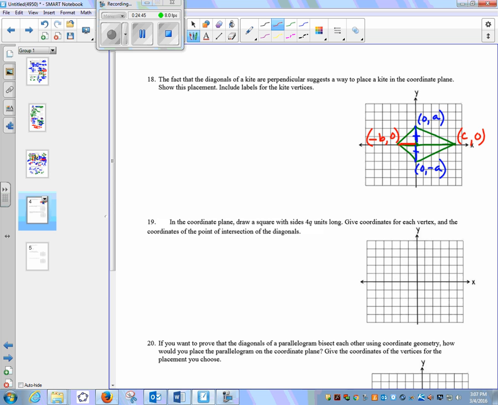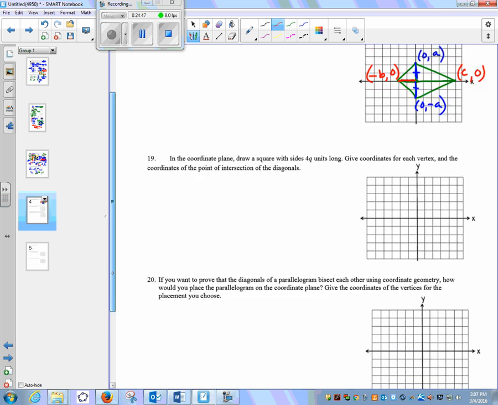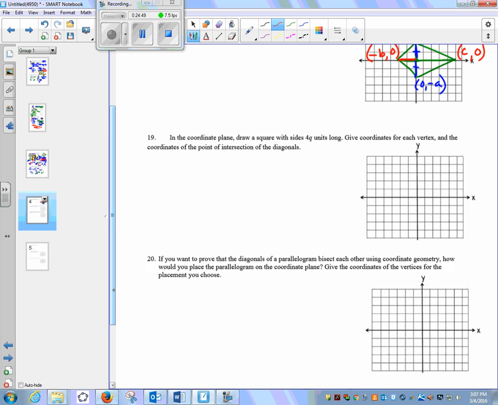Okay? In the coordinate plane, draw a square with sides 4q units long. Well, I'm just going to do a square right at the origin. Remember we're not using numbers here, we're using variables, so don't let the boxes on the grid make you think of numbers. This is just helping you place it so that you know the distances you're going.